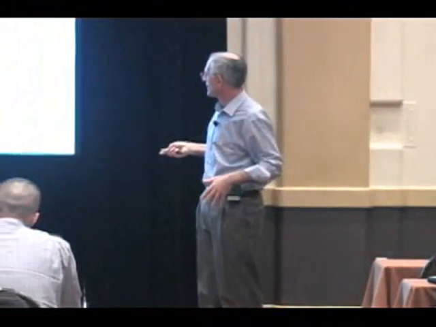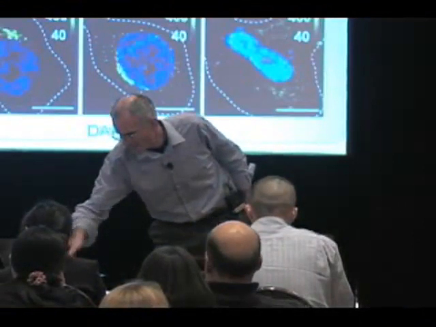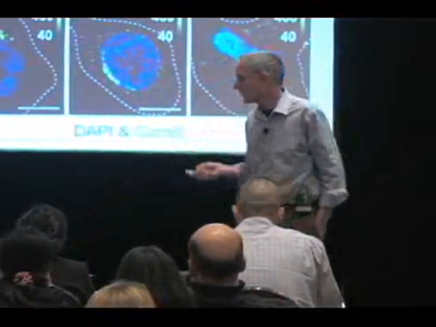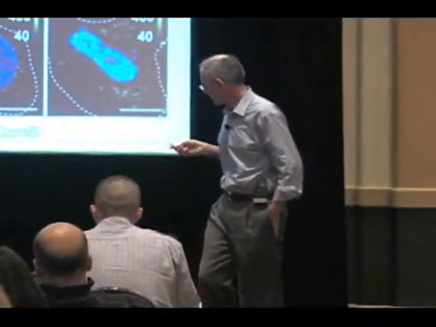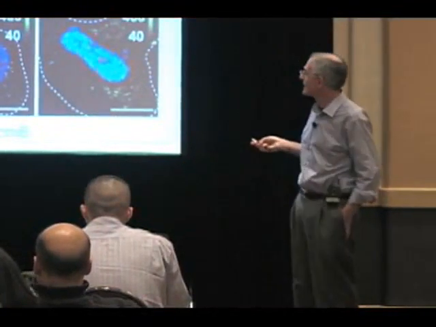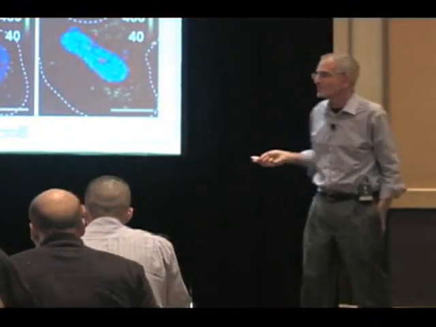The other idea is that granzymes and perforins are actually endocytosed in a membrane-bound endocytic vessel into the cell, and then perforin has a secondary role of breaking up or disrupting the endosome membrane and allowing the granzymes to get out. And it's probably this latter model, there's some version of it that's true, and this is one recent paper from Judy Lieberman that at least the pictures are pretty and shows the idea.